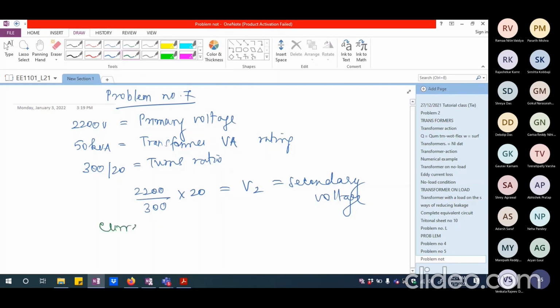And what are the current ratings? Current rating of the primary, how much is it? How will you calculate? Volt ampere rating is given, so how will you calculate ampere?